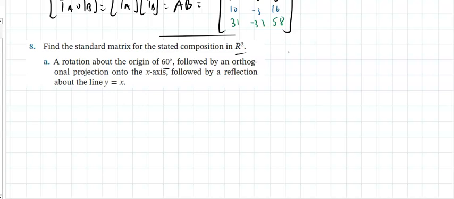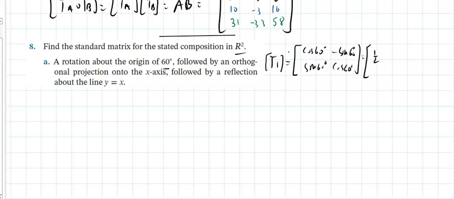Okay, so T1 is pretty much the cosine of 60, negative the sine of 60, sine of 60 degrees and cosine of 60 degrees. That's simply 1/2, radical 3 over 2, negative radical 3 over 2.